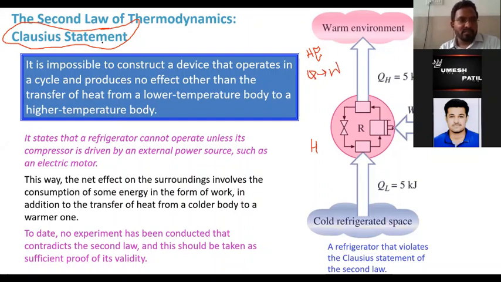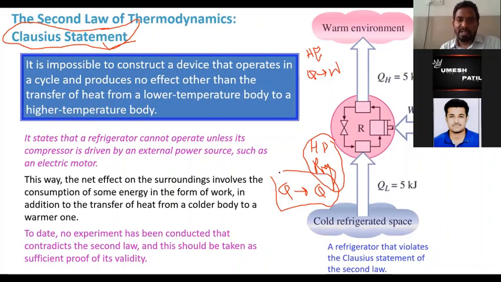Whereas the second statement, that is the Clausius statement, deals with either a heat pump or refrigerator, and we know that the function of a refrigerator is to transfer heat from a low temperature body to a high temperature body. So the Clausius statement deals with a heat pump or refrigerator, where the exchange of heat is there.